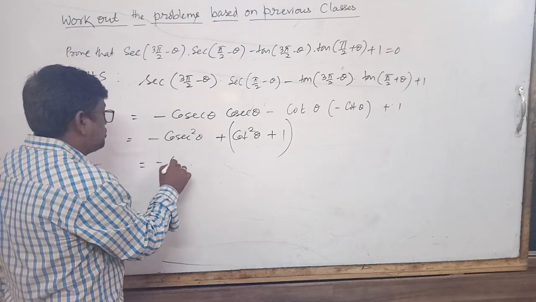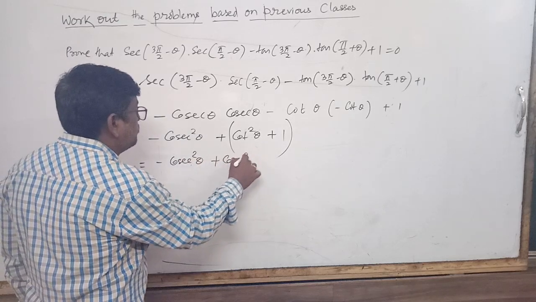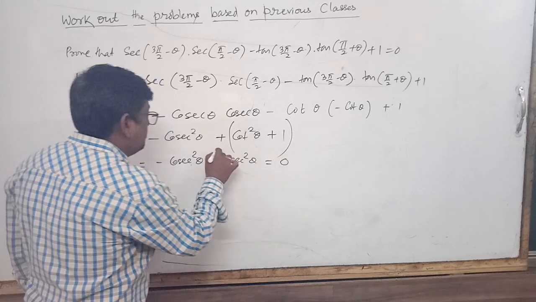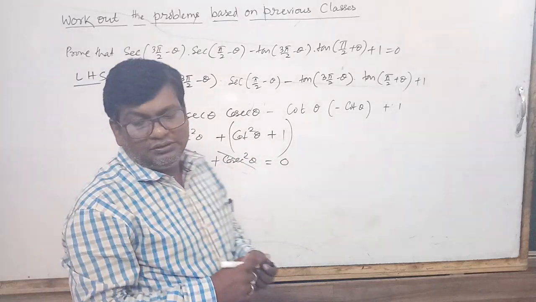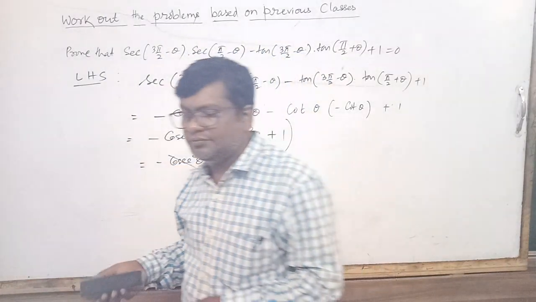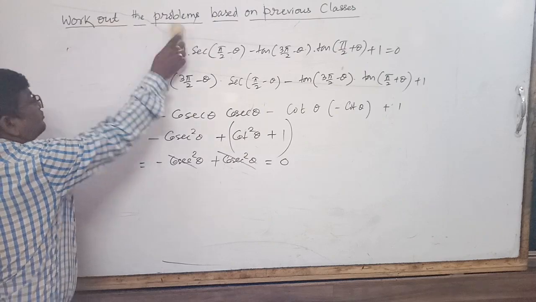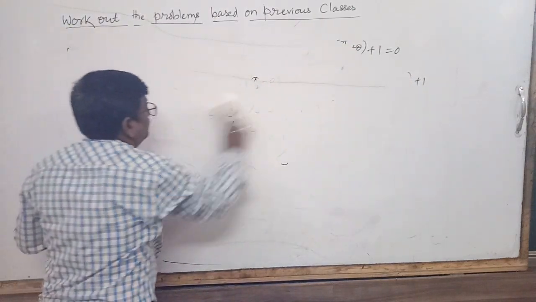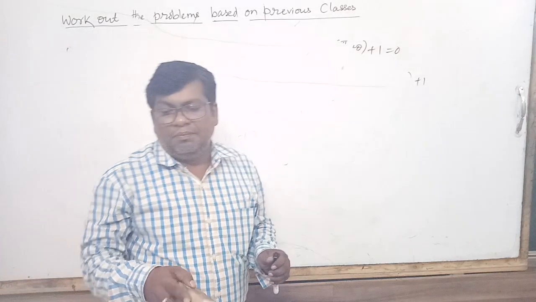So minus cosec square theta plus cosec square theta cancel. This is equal to 0. Clear? Now another question.